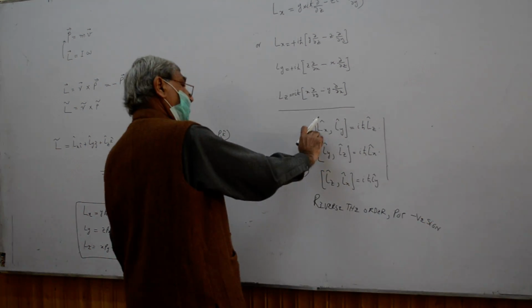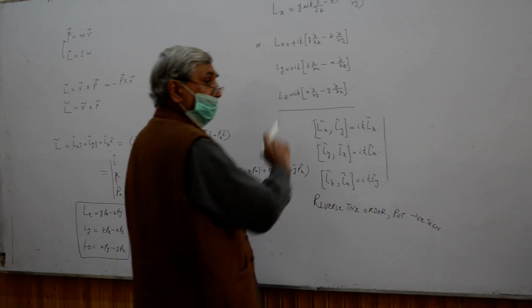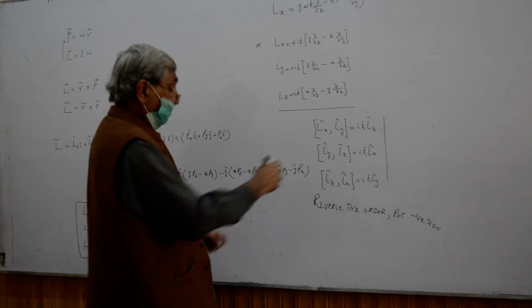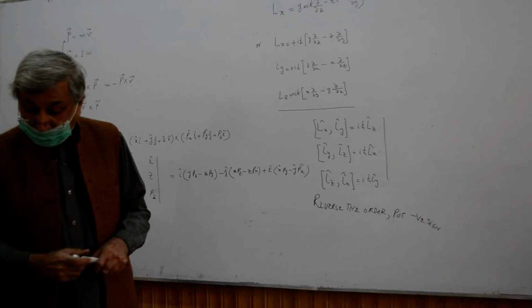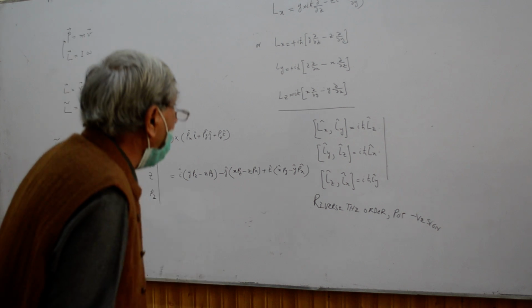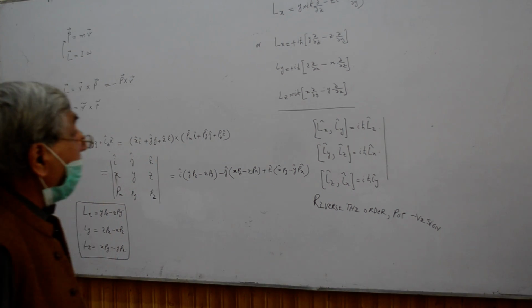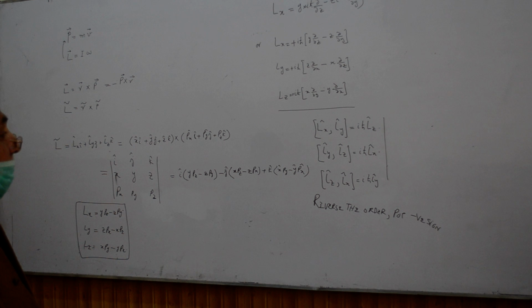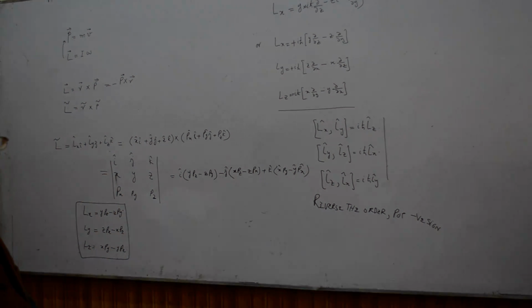Now if you replace Ly here, Lx there, then put a negative sign there. So what does this indicate? This indicates that no two components of orbital angular momentum commute with each other.